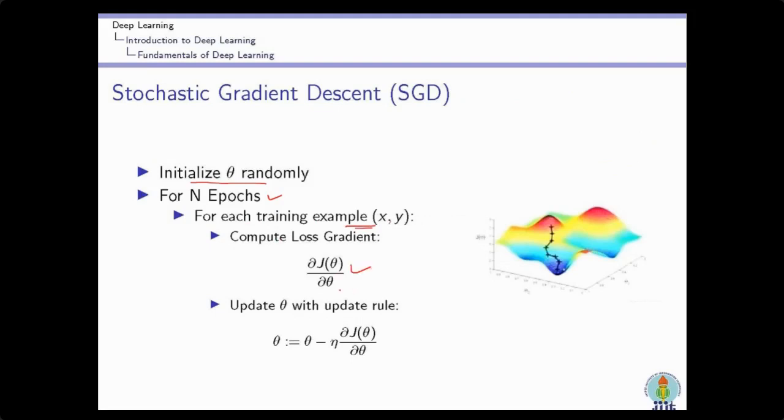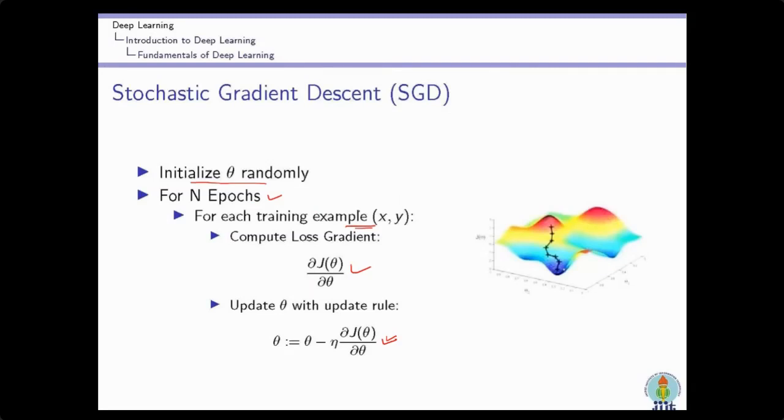Then I will update the weights. Then I will repeat this process n number of times. This algorithm is very simple. This is known as stochastic gradient descent.